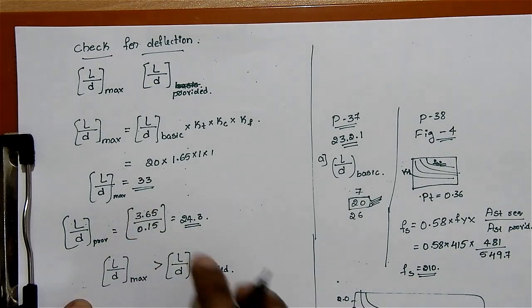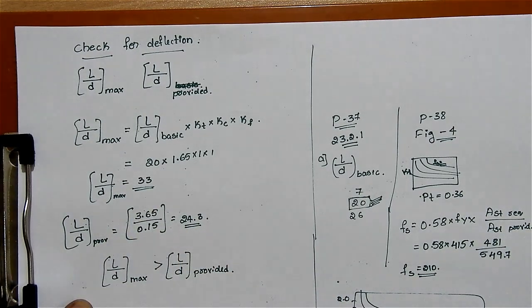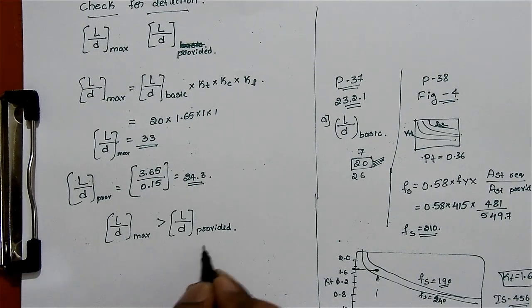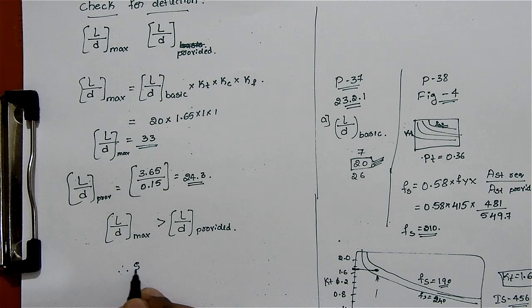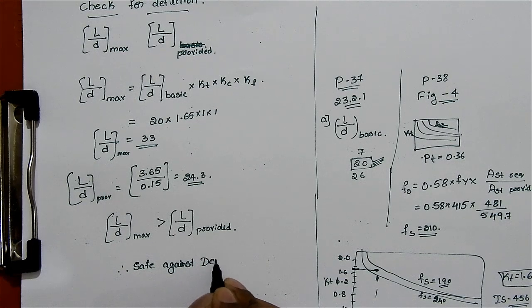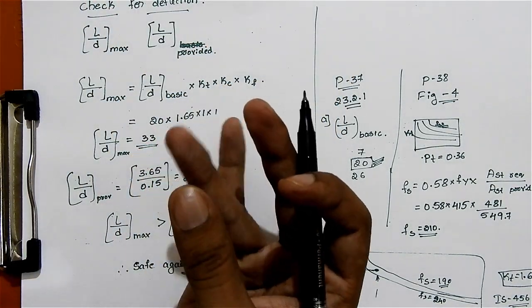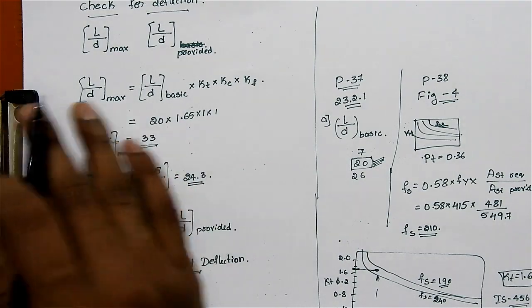More than this would be unsafe. Now it is less than the maximum value, therefore it is safe against deflection. That means it is safe against shear, safe against deflection, and safe against depth also. That means everything is clear.